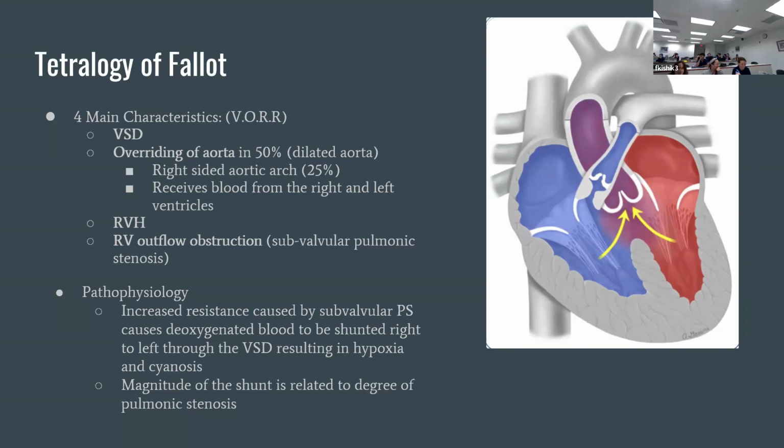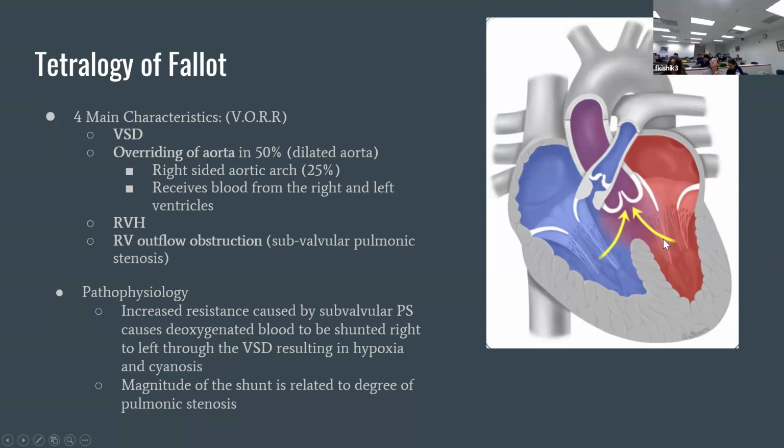All right, so the 4 main characteristics are you're gonna have a VSD, like we already defined, right? The communication between the 2 ventricles, and an overriding aorta in 50% of these cases. So this means that either the aorta arises from the right side of the heart or it accepts blood from both sides of the heart.